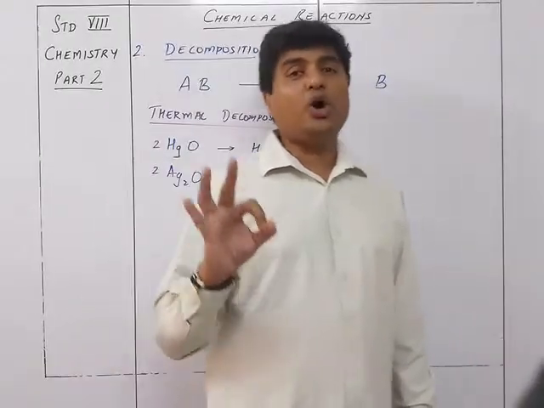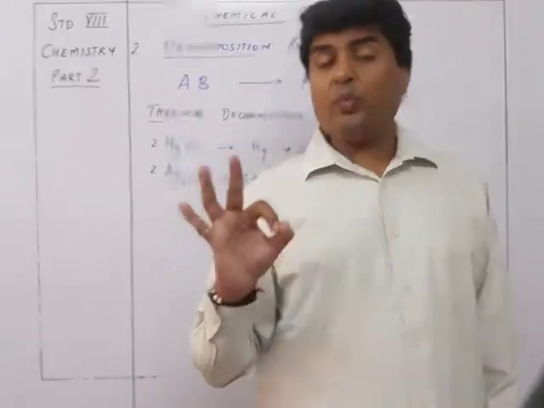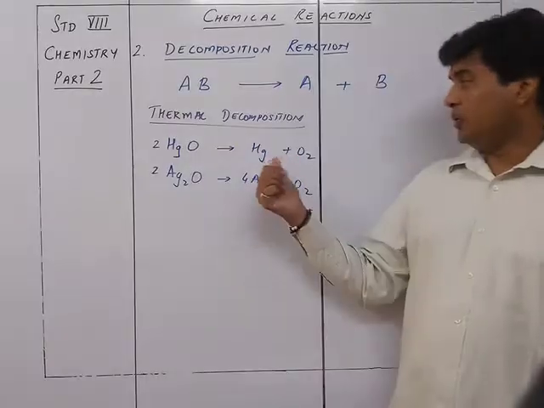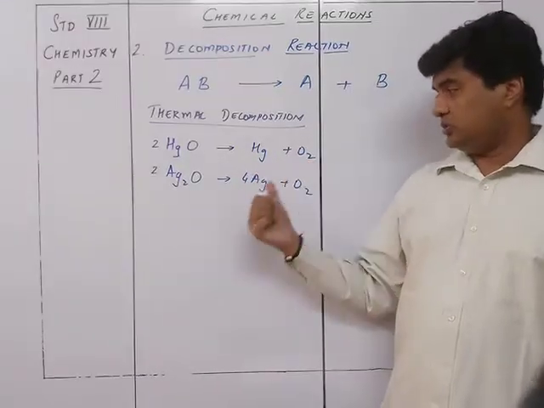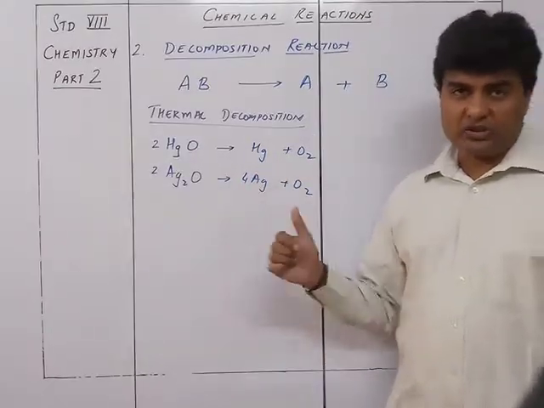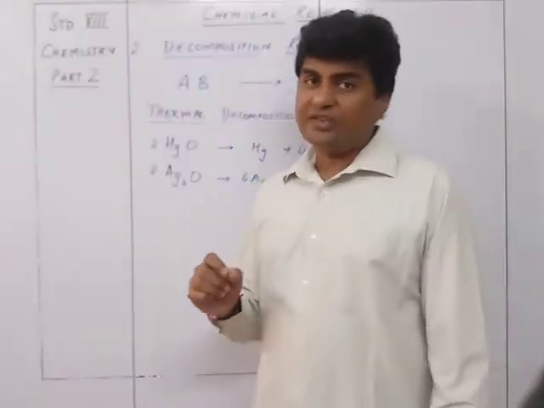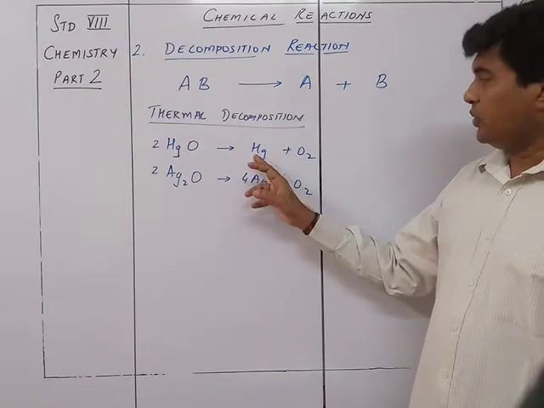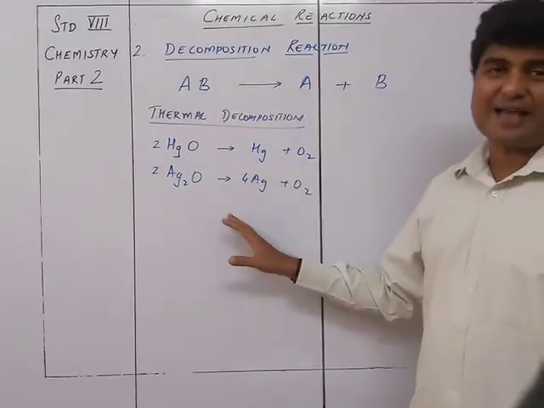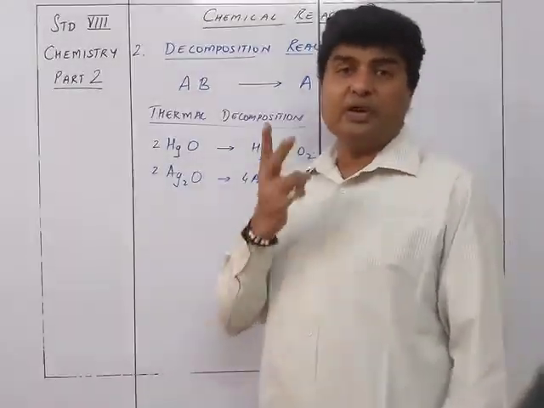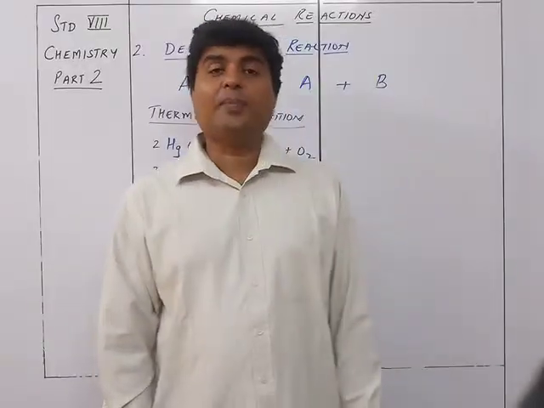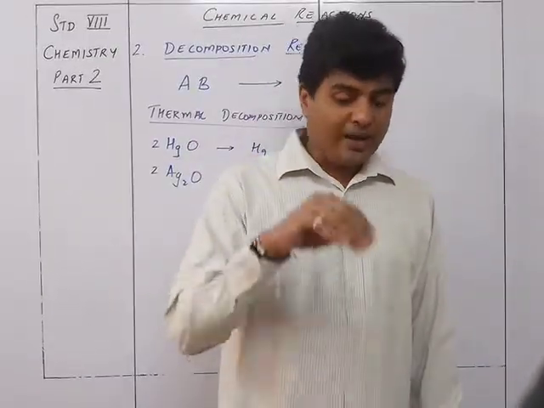Mercuric oxide or silver oxide, when heated, give you mercury and oxygen, or silver and oxygen. So metallic oxides give you two elements, one compound giving you two different elements. The next one is a compound giving you a new compound and an element.